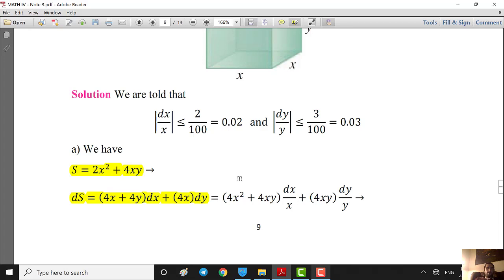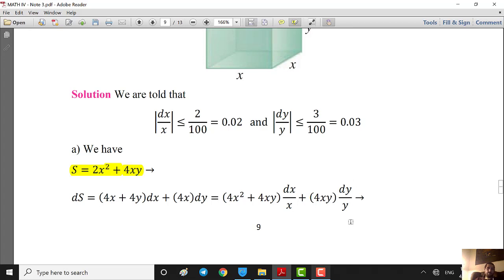Now, again, just like the case of example 7, here we have dx, but we need dx over x. Here we have dy, but we need dy over y. So we do the multiplication by x over x here, and by y over y here. Okay. Now, if we do that, we're going to get (4x squared plus 4xy) times dx over x plus 4xy times dy over y.